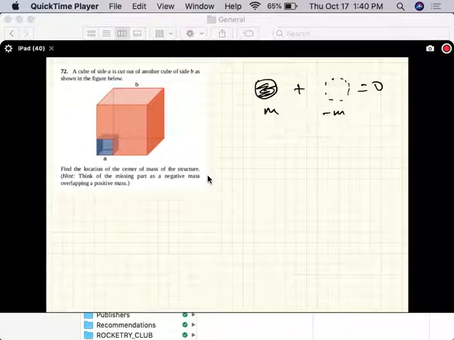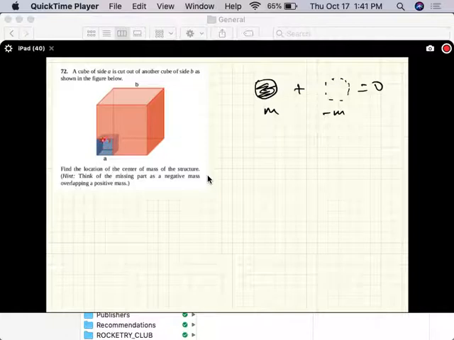All right, so by the way, the mass of that little cube. Now we have to find this mass first, the mass of this little piece if it had been there.